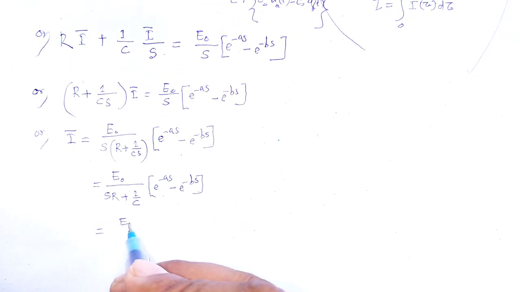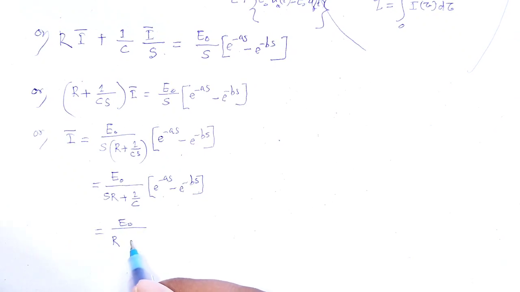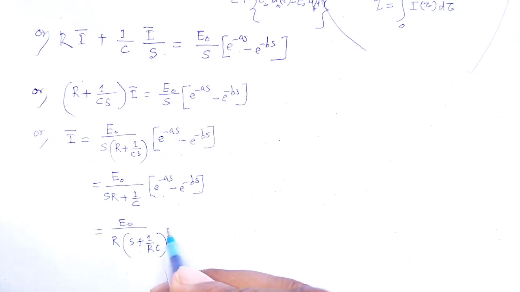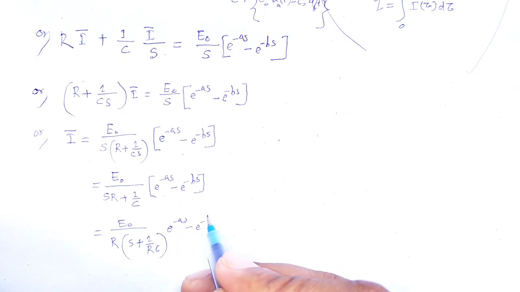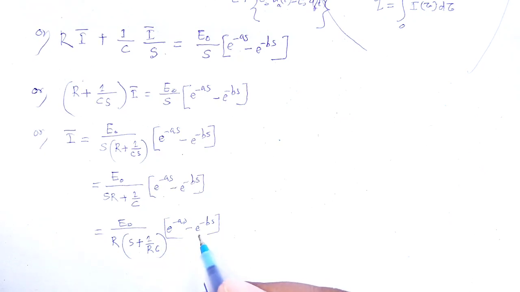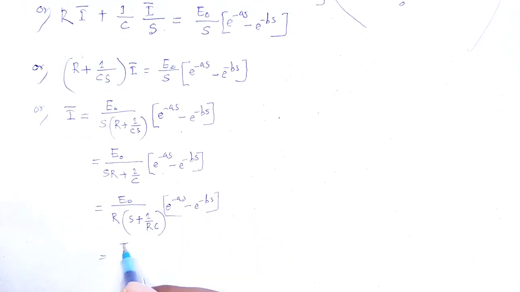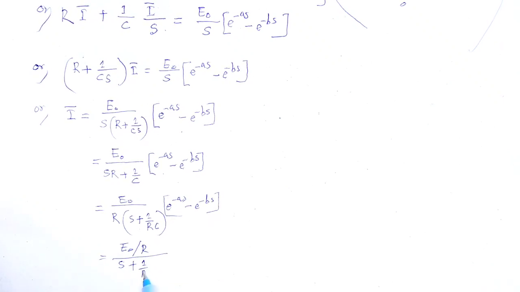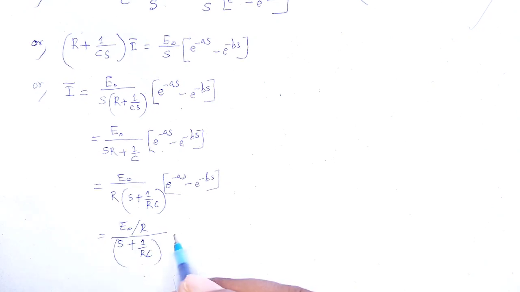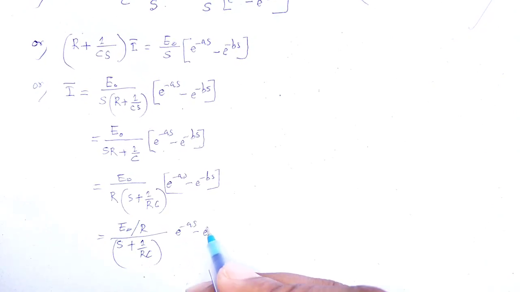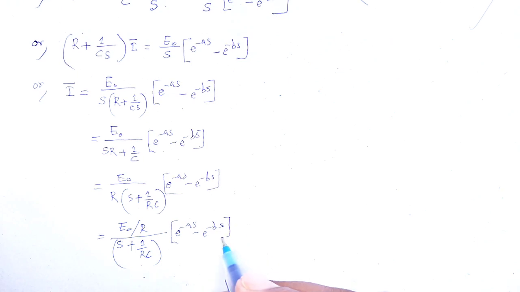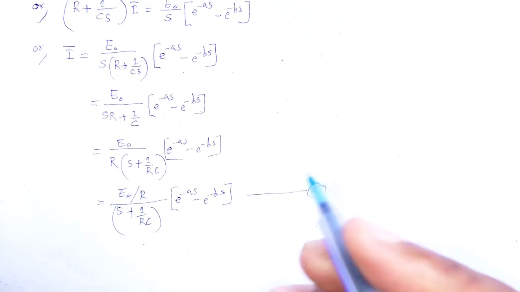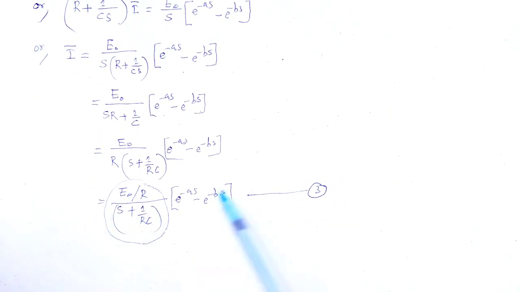Taking R common, E naught by R divided by s plus 1 by RC is equal to e to the power minus as minus e to the power minus bs. Equation number 3.